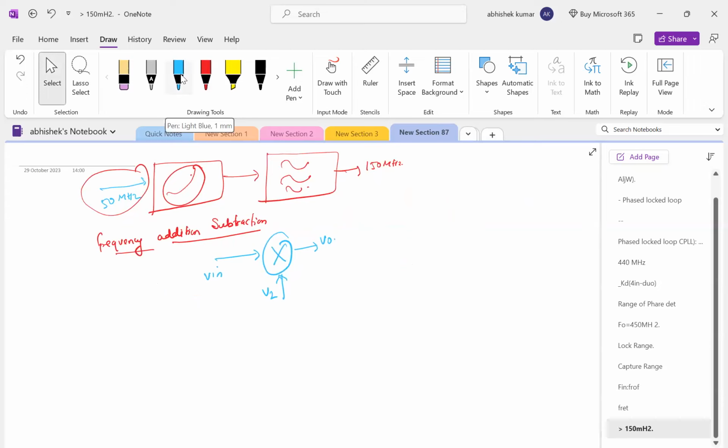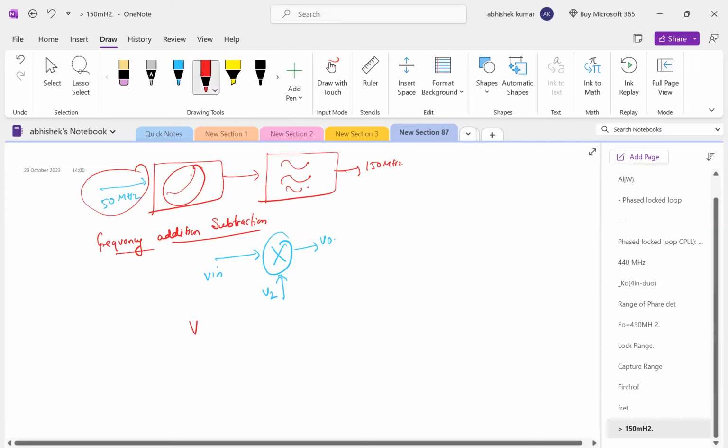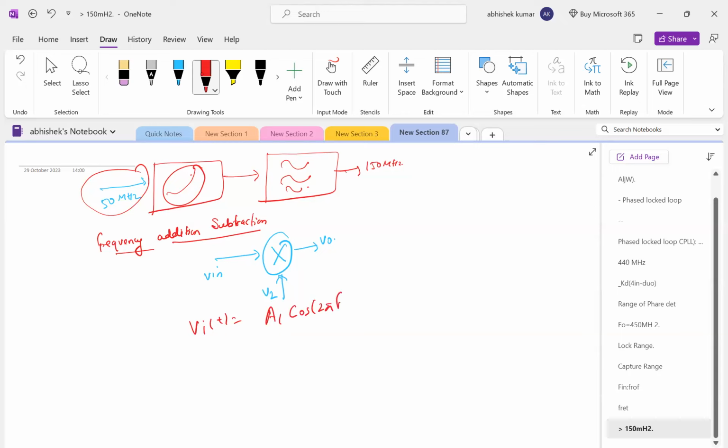This is your frequency addition and subtraction. Now, can you tell me what is the V output? Please tell me what is the V output?